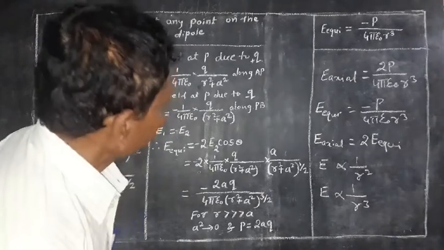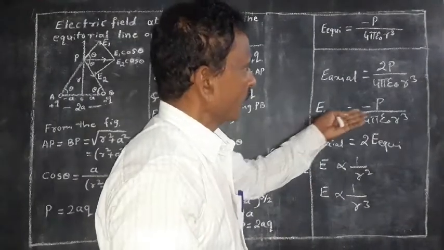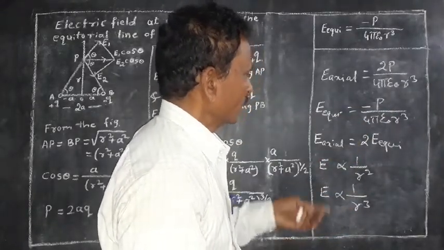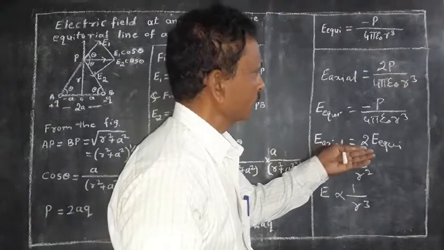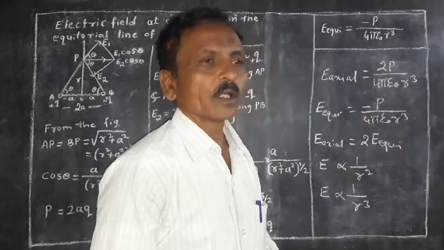And electric intensity on equatorial line is minus p upon 4 pi epsilon naught into R cube, and on the axial line is 2p upon 4 pi epsilon naught into R cube.